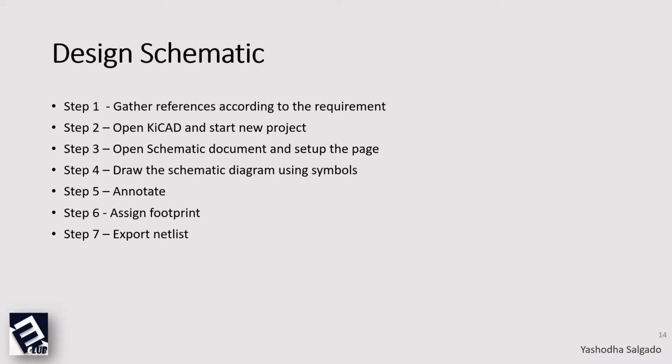Then you have to go through the datasheet of the sensor and understand what are the necessary connections to be established, and then you can go to KiCAD and start a new project. And then open. I'll explain this using KiCAD. Otherwise, this will be useless. Okay.